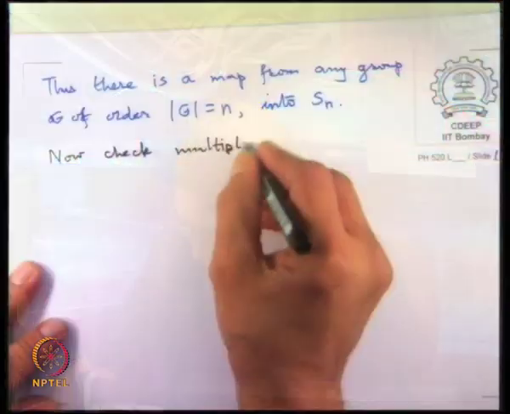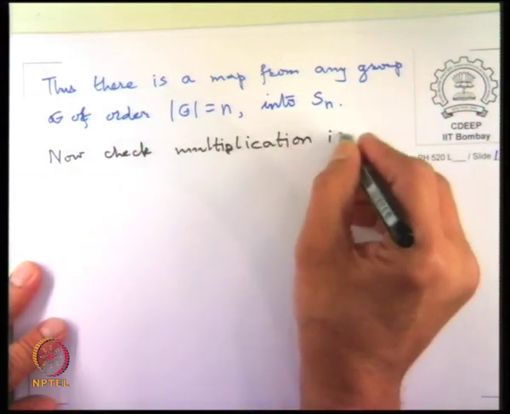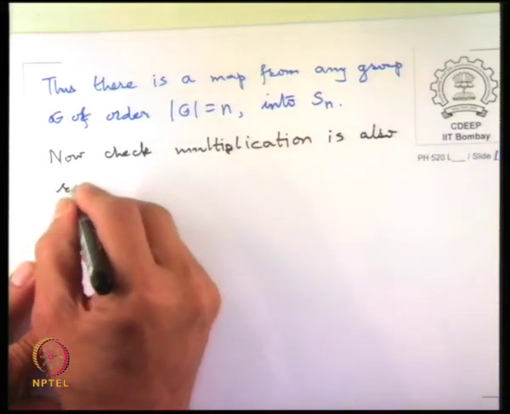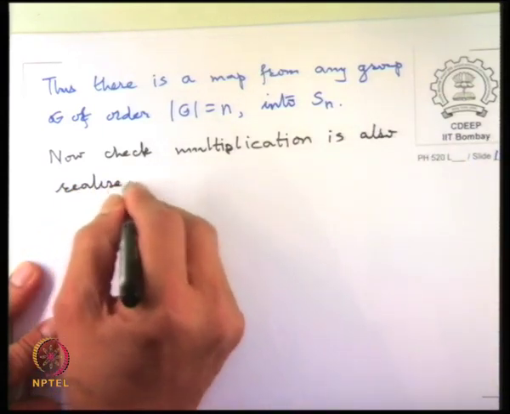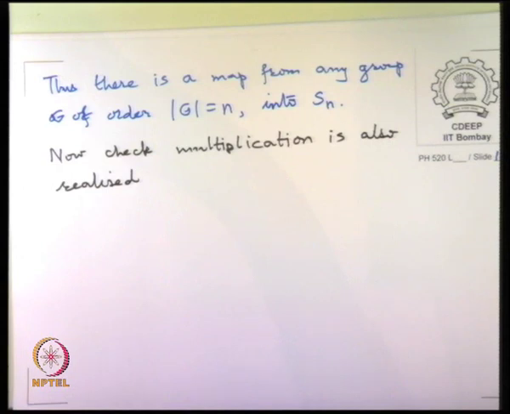Okay. To check the multiplication rule, multiplication is also realized. So what do we need to do? So suppose we realize pi b and pi c, because we are going to use A1s here.